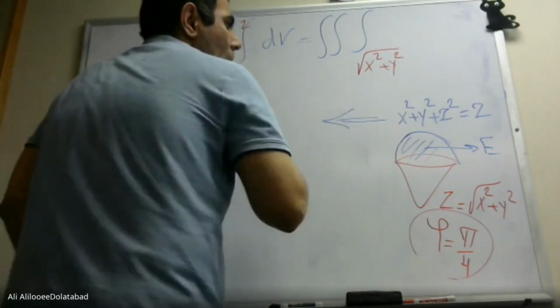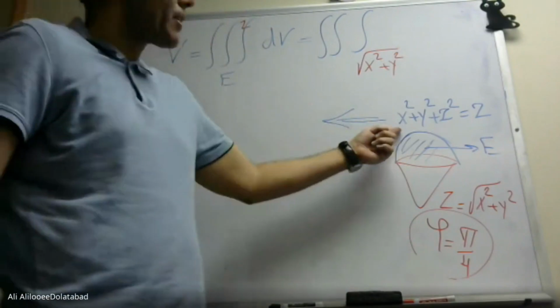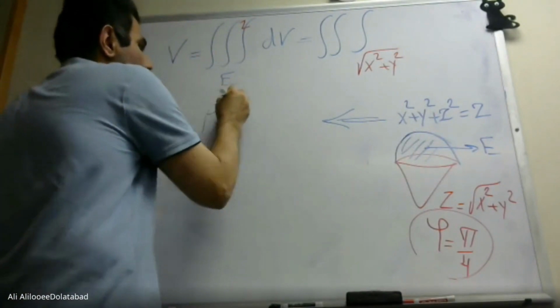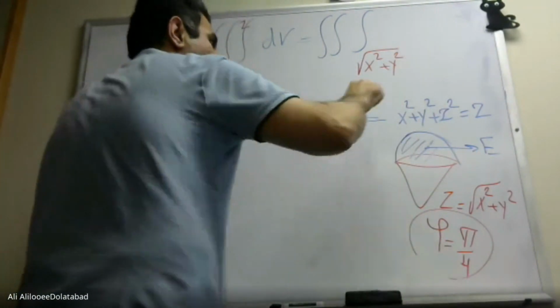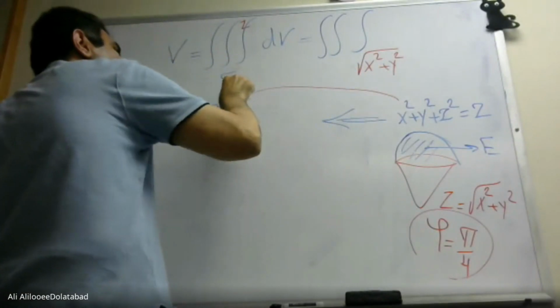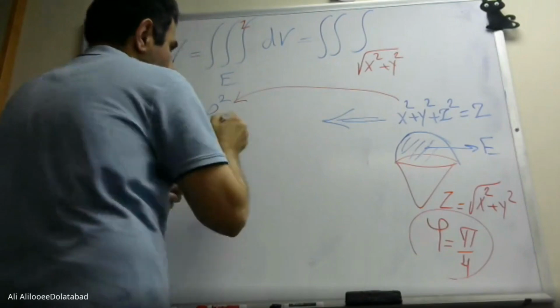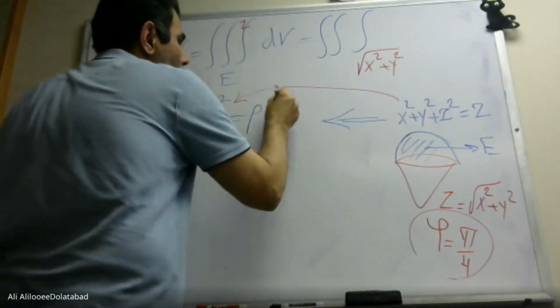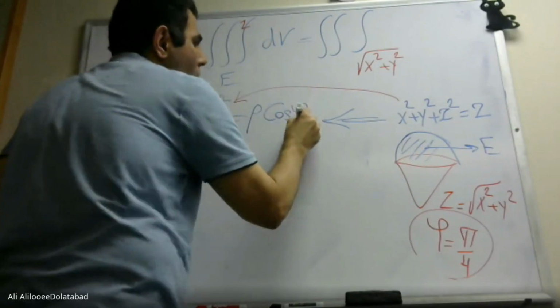We need to convert this equation also into spherical coordinates. And let's do it. As I explained before, x squared plus y squared plus z squared can be replaced by rho squared, equal to, what about z? Again, as I explained before, this is rho cos of phi.